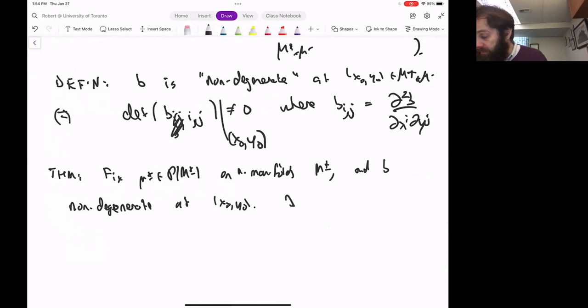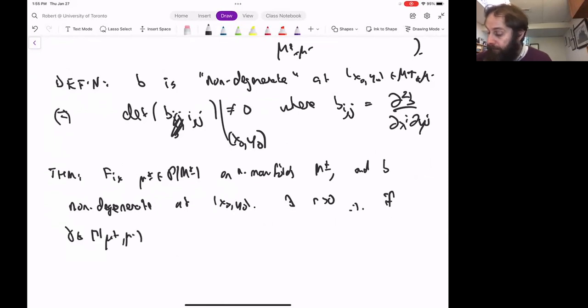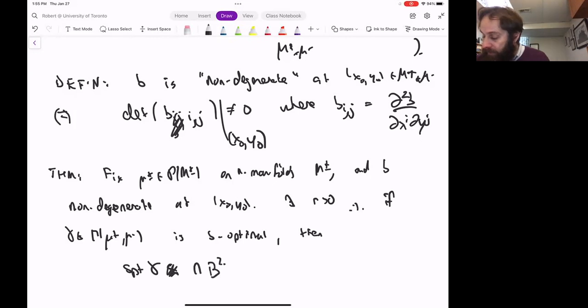Then there exists r bigger than 0 such that if gamma is B optimal, then the support of gamma intersected with a 2n-dimensional ball of radius r around X naught, Y naught is contained in a Lipschitz submanifold L.